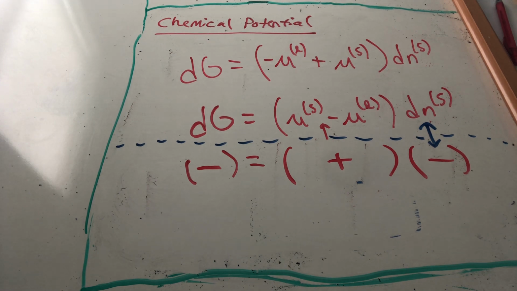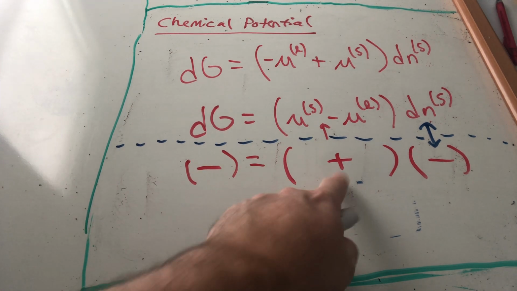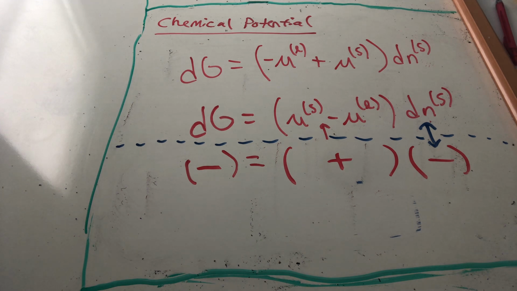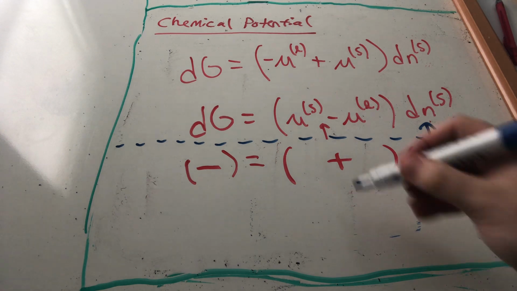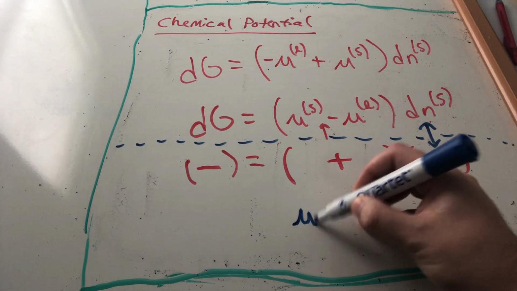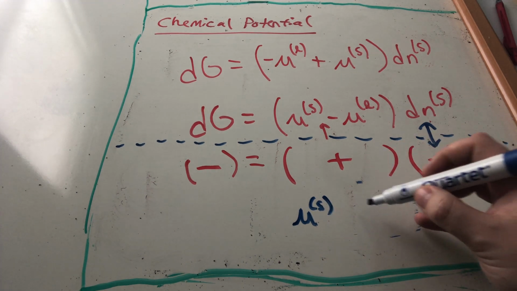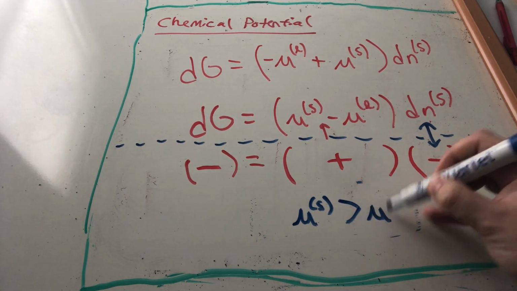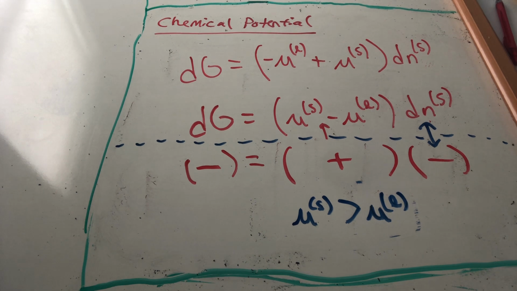So the solid would go away. You would lose moles of solid. So what's the only way to get a positive value inside there? Well, mu of the solid must be greater than mu of the liquid.